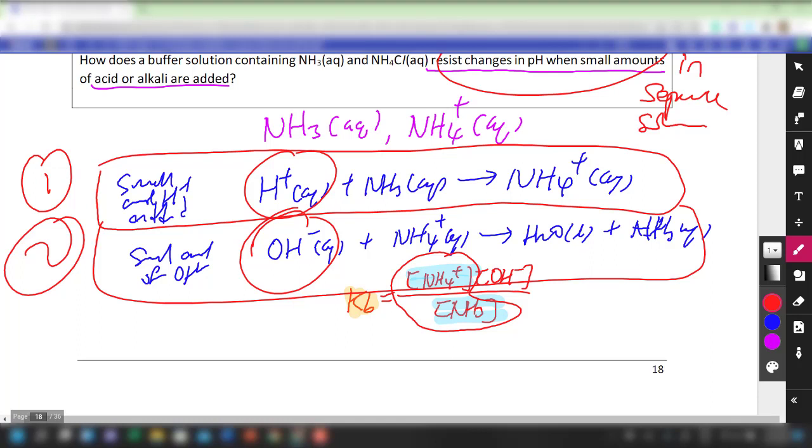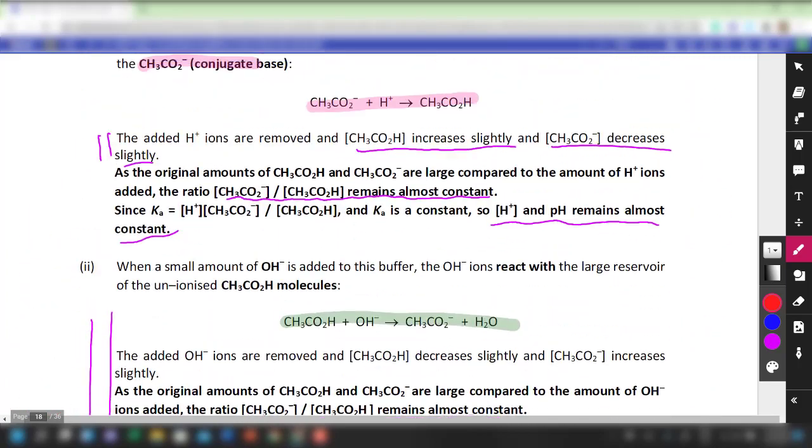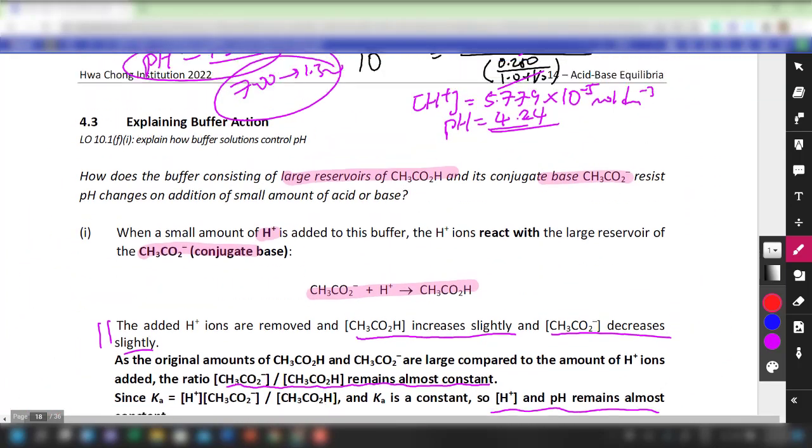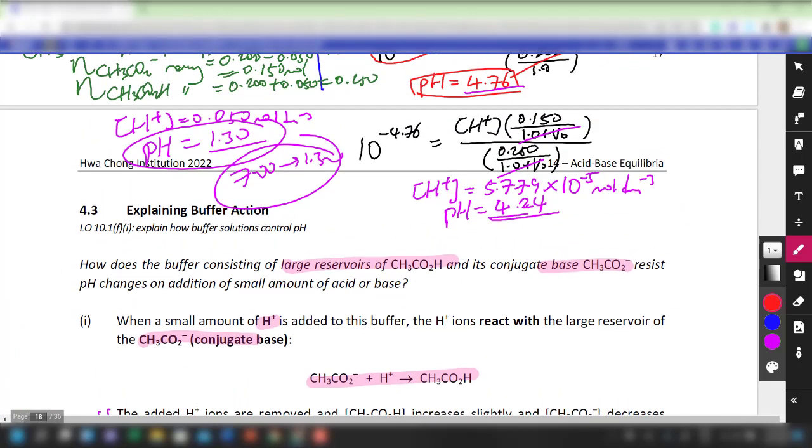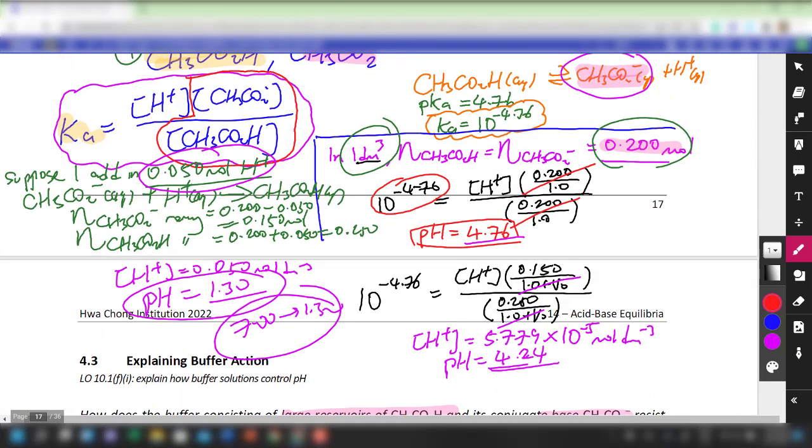When you are given a calculation question, you should do some calculation to verify that the pH will change slightly, but not in a large fashion. As I said, I think I repeated myself too often. I have shown you an example over here using the ethanoic acid buffer.